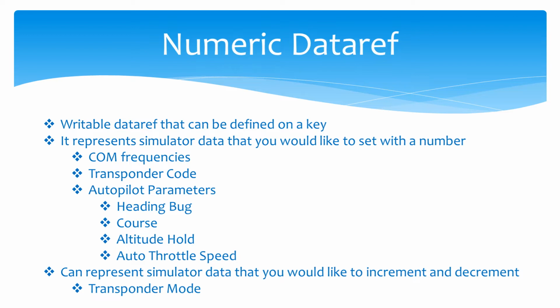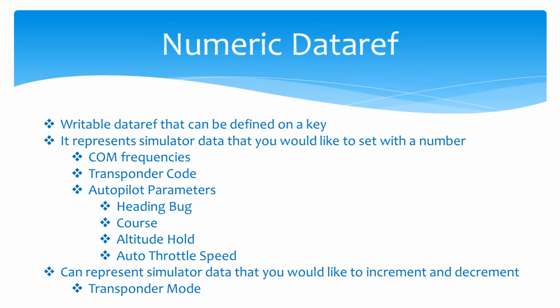Then when you click or touch a key, that number in the number buffer can get written to a numeric data ref. So where we use this in X-KeyPad is to punch in a COM frequency, maybe a transponder code, or autopilot parameters like heading bug, course, altitude hold, and auto throttle speed.